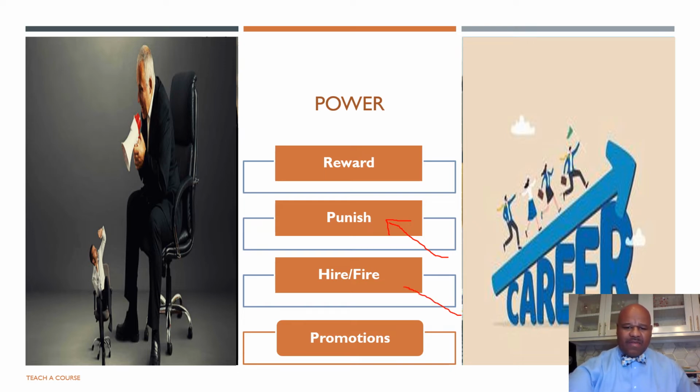Is the leader able to hire great followers and then also sometimes lead them to termination? And ultimately, is a leader able to grow and place their followers in a position to earn promotions? So those are the main variables that's going to impact the power position.